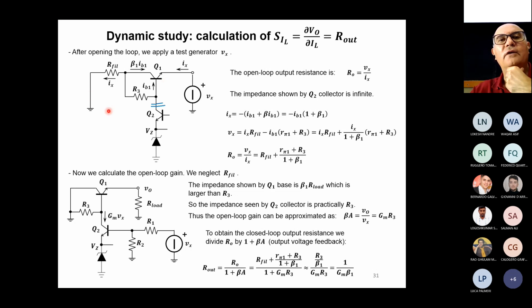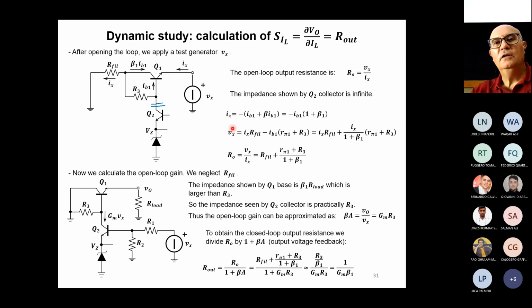Okay, if I take this path, ground, this path here, here, here, and here, what is inside the transistor Q1 is basically R pi, between the base and the emitter.